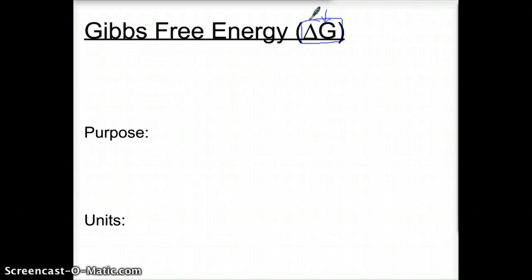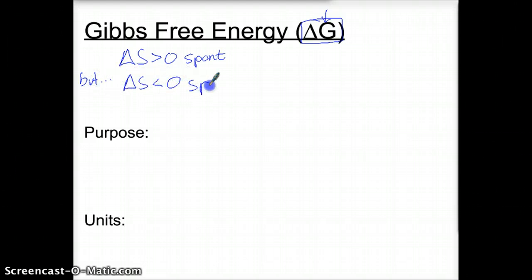Well, delta G is helpful because we've learned that when delta S is greater than 0, that usually means a reaction is spontaneous. But you can also have some reactions where delta S is less than 0 and a reaction is spontaneous.